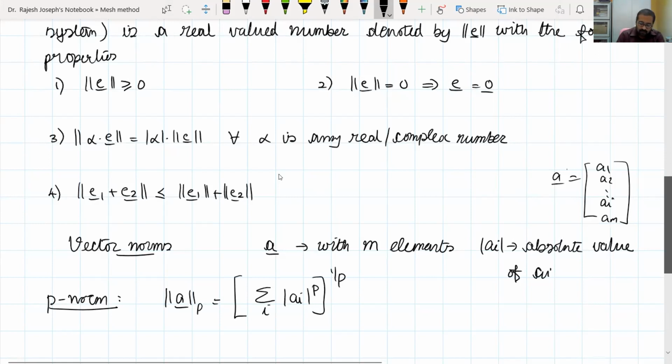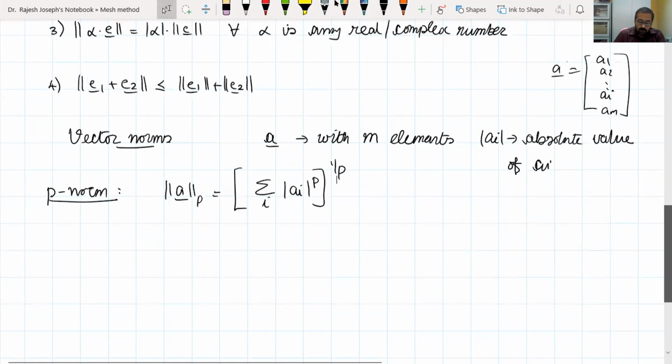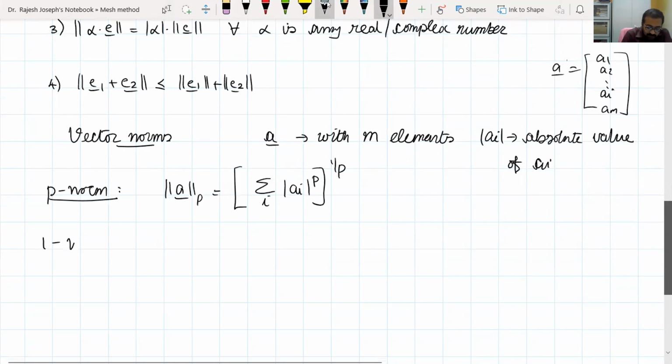So the P norm of any vector A bar is the Pth root of sigma I mod AI whole raised to P. Now, what will be the one norm? How can you define one norm from this? With P equal to 1, it becomes sigma I mod AI.